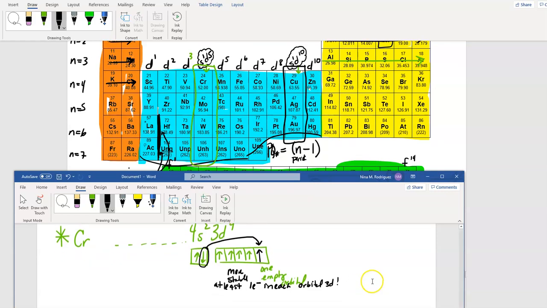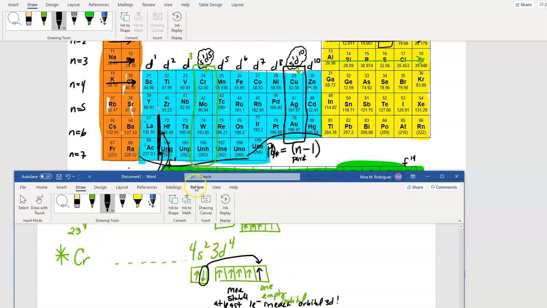That is more stable for an atom than having paired electrons. So the 4s is like, okay, you can take 1. So you're left with 1, and this changes to a 5. That's why it's called s1d5. Everybody does it: take 1 from the s, give to the d. Take 1 from the s, give to the d. So the configuration is 4s1, 3d5.